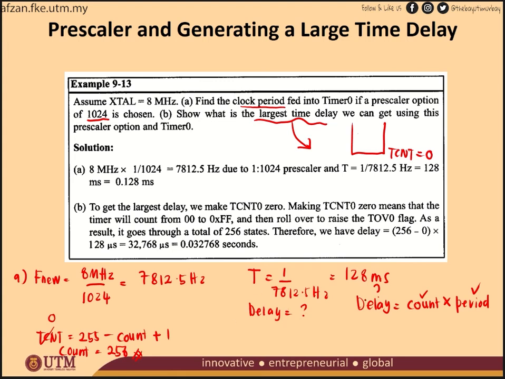Okay, so you put into equation 2: count is 256 multiplied by your period, which is 128 milliseconds. So the largest time delay that you can generate by using timer 0 with a prescaler of 1024 is 32,768 microseconds, or equal to 0.03276 second.